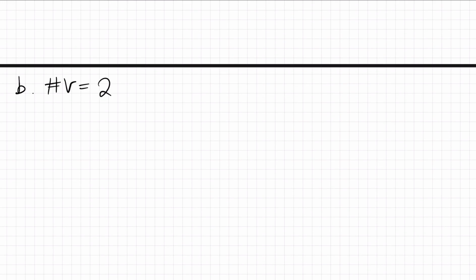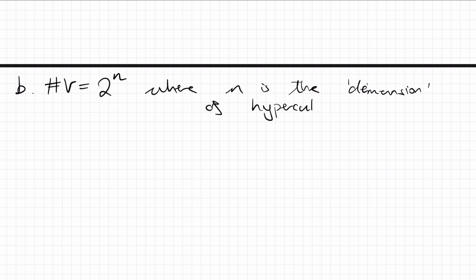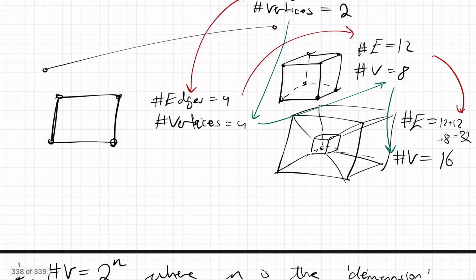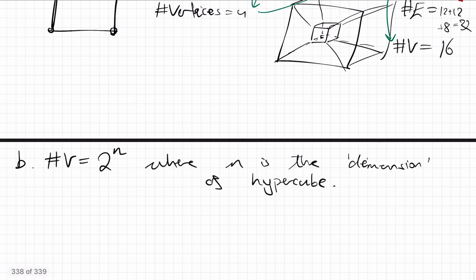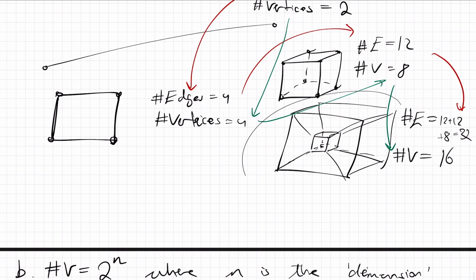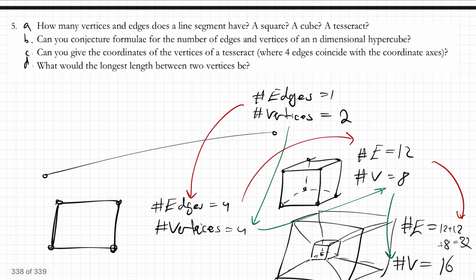So I'd say this is 2 to the n, where n is the dimension of the hypercube. Right, so in the 4th dimension, the tesseract, we would have 16 vertices, which we could kind of see there. And now for the number of edges.